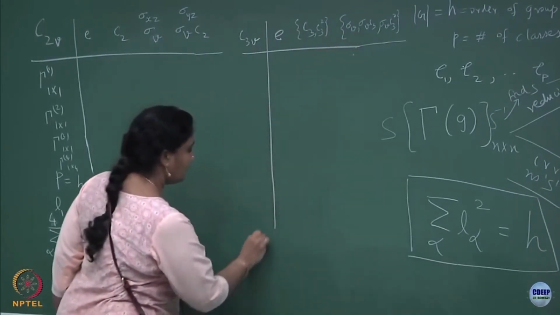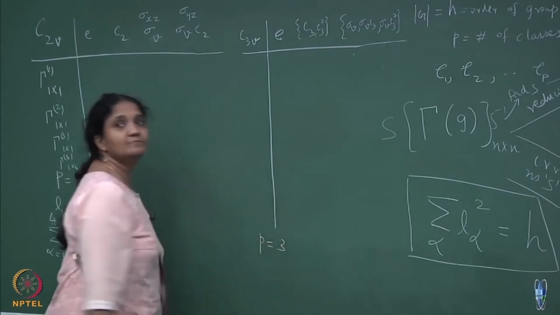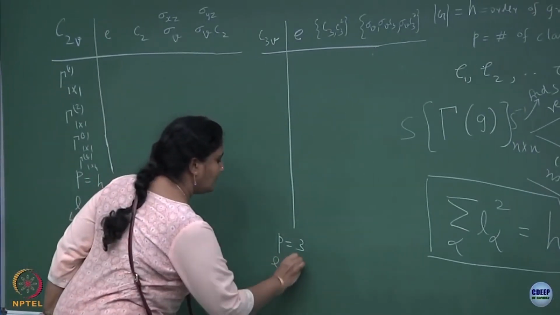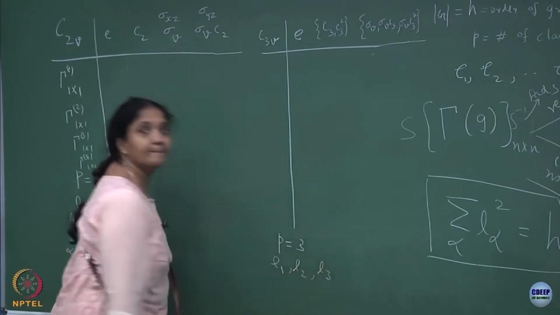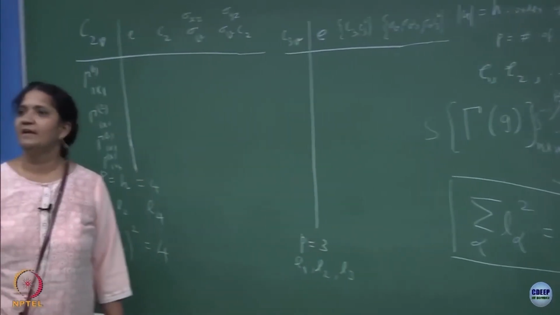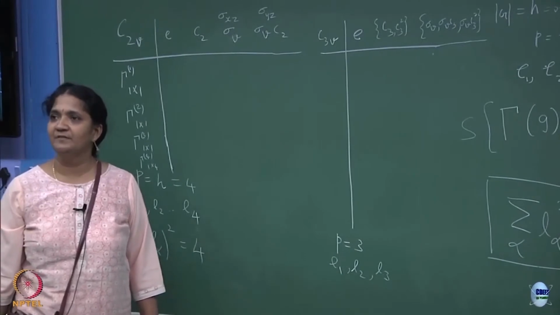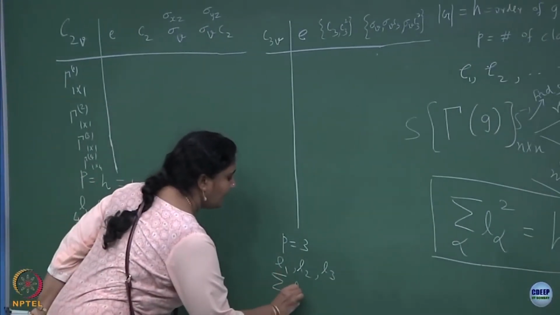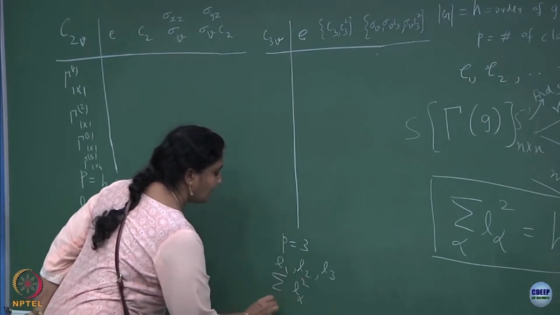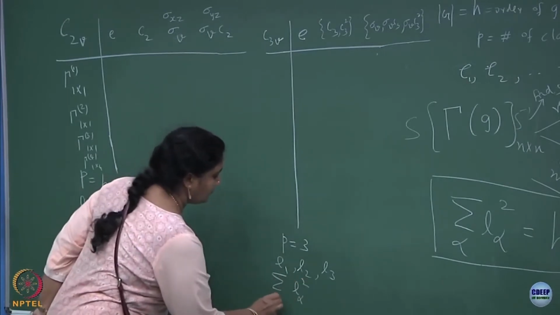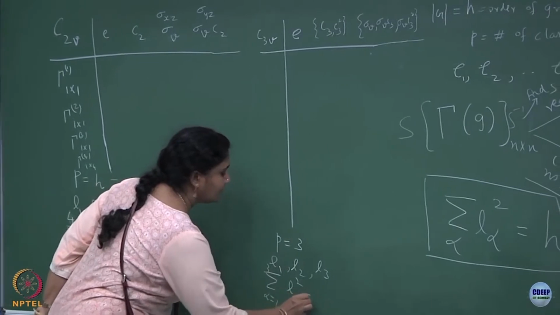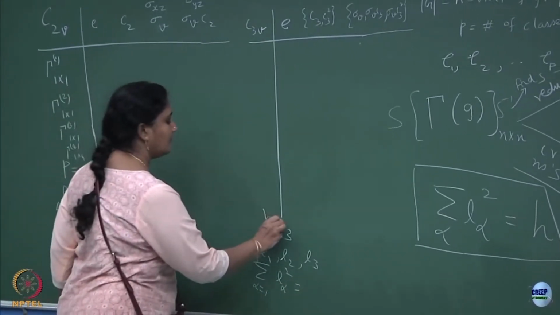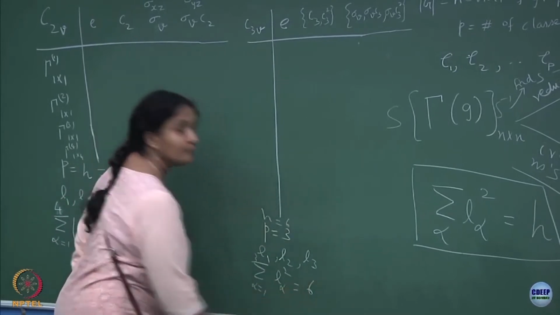So, you have P equal to 3. So, you will have L1, L2, L3. There will be 3 irreps. What are the dimensions? The summation over L alpha squared from alpha equal to 1 to 3 should add up to give you the order of the group, which is 6.